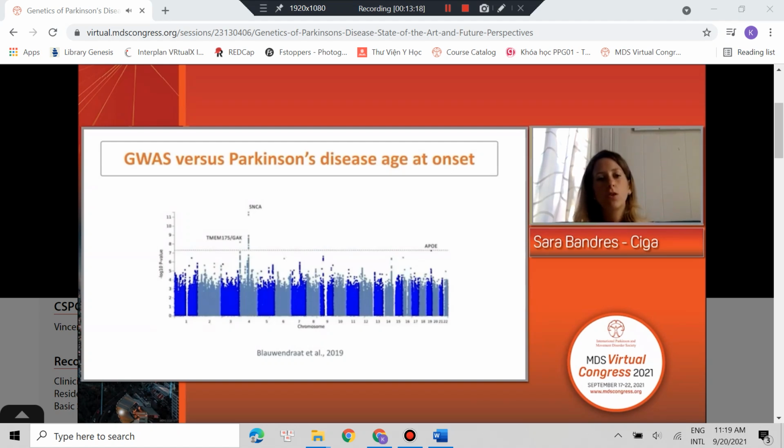And this GWAS discovered several Parkinson's disease loci that are influencing age at onset, such as SNCA, again, encoding synuclein, ApoE, and also the TMEM175 locus, as well as other subsignificant loci such as GBA, SCARB2, and BAG3.